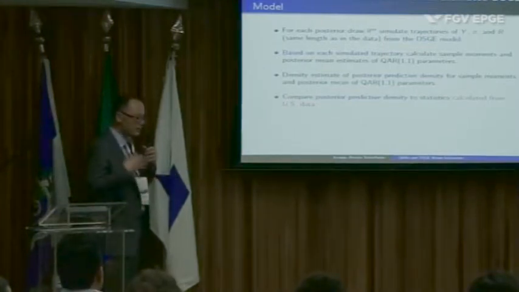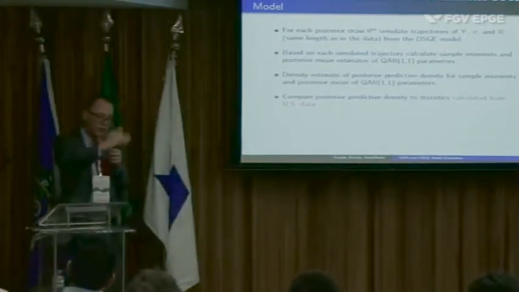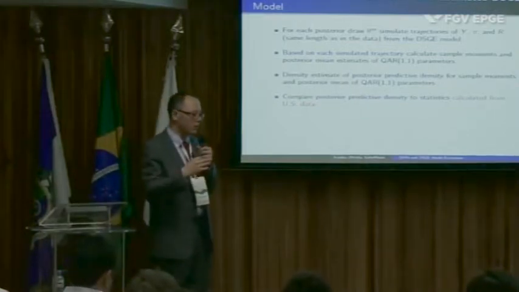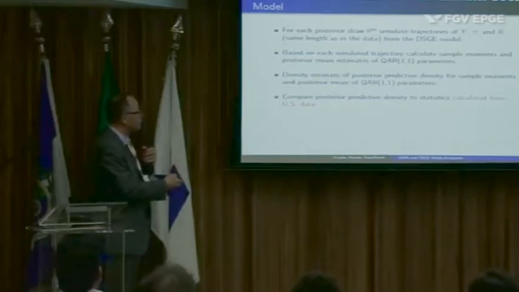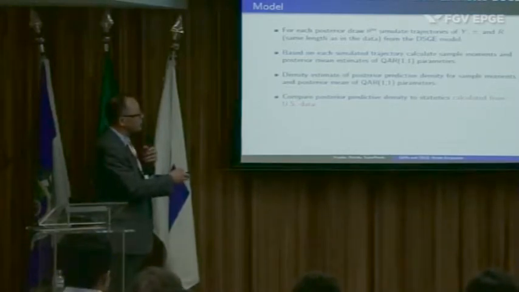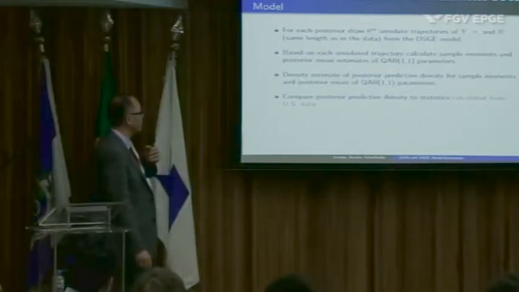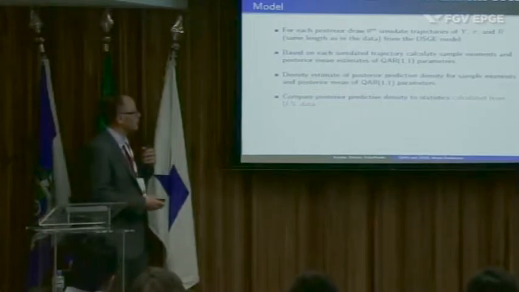So, we've done this Bayesian estimation of the DSGE model, which means that we have all these draws of DSGE model parameters theta stored on our hard drive. And for each of these draws, theta m, we're going to simulate trajectories of output growth, inflation, the nominal wage, and the interest rate, using the same length as in the actual data.